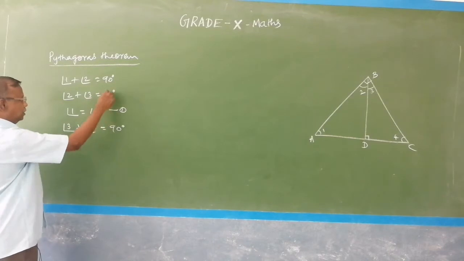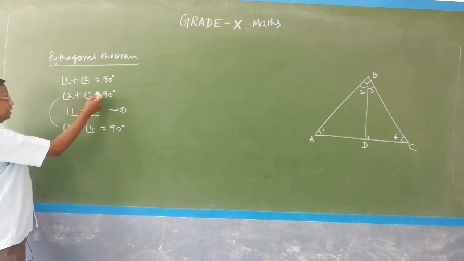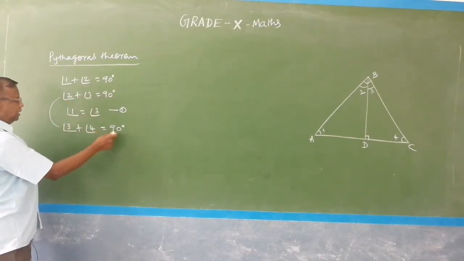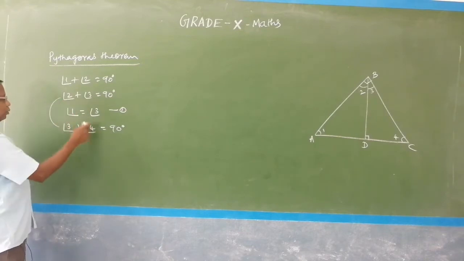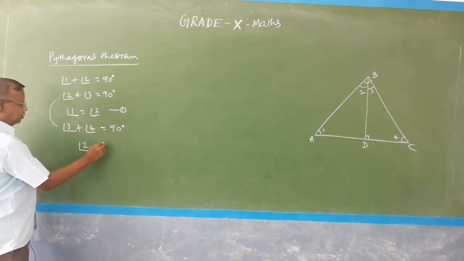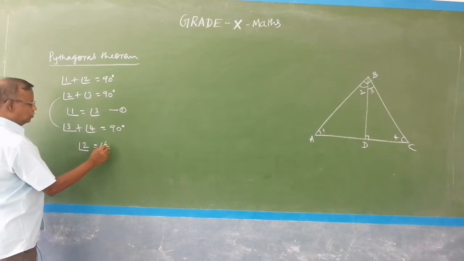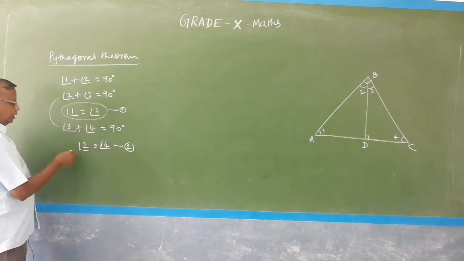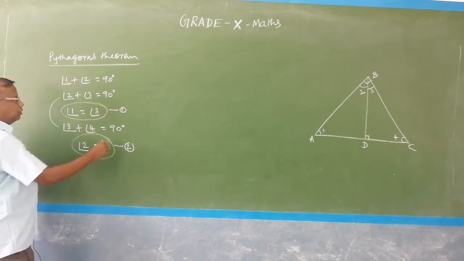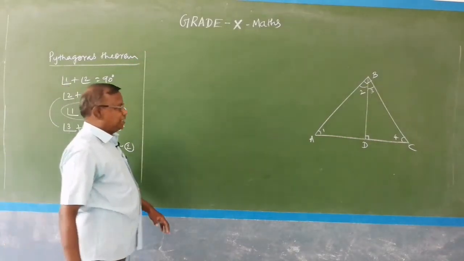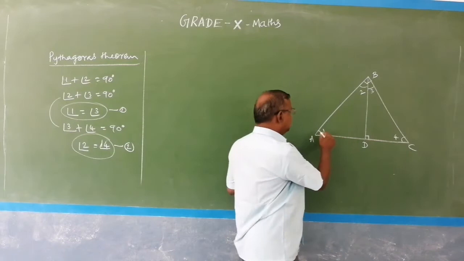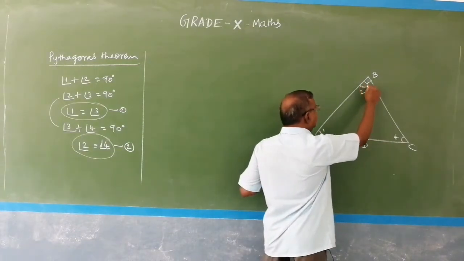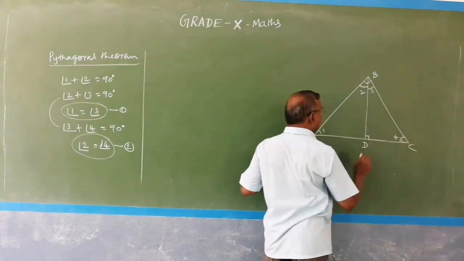From these two, eliminating angle 3, we have angle 2 equal to angle 4. So this is the second one. First one, angle 1 equal to angle 3; second one, angle 2 equal to angle 4. This is the basic concept.